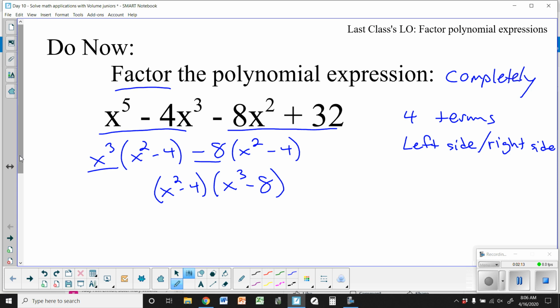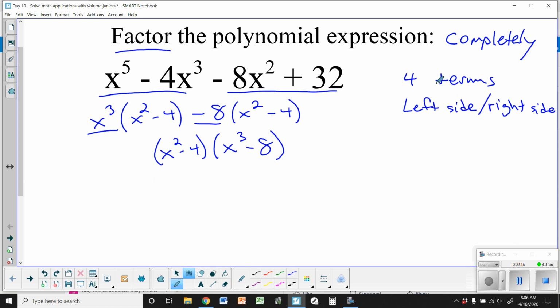All right, so the question that we ask after we do some sort of factoring is, can we factor more? And notice that we're looking for those special cases, and that's when we have 2 terms.